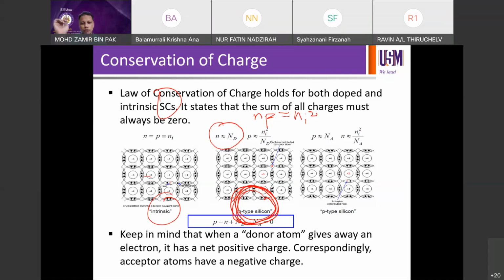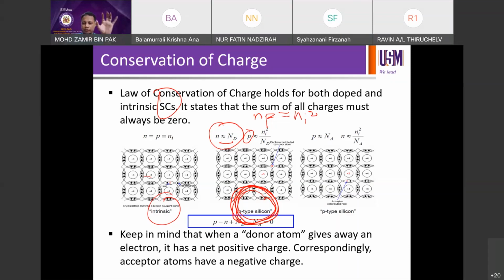So now you know that in n-type, your n is equal to Nd. What you don't know is the concentration of your minority carriers. What you know is n equals Nd, because you know the level of Nd incorporated into the lattice already. So if you're talking about Nd of 10 to the 16, then effectively your n will be equal to 10 to the 16, assuming you have 100% ionization of the dopants.